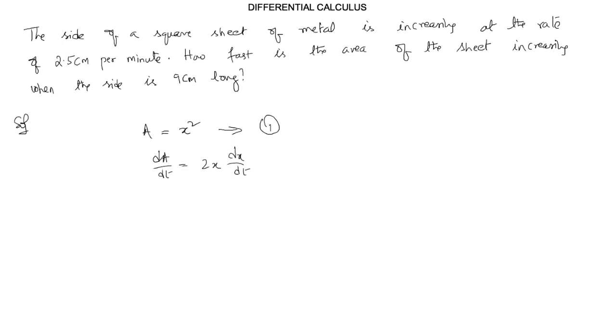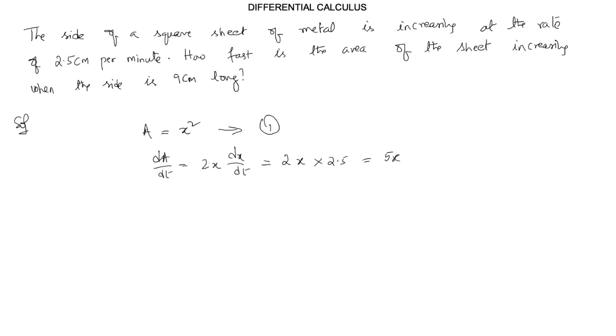The rate which we have been given is 2.5 centimeter per minute, so that will be 2x multiplied by 2.5, that is 5x.